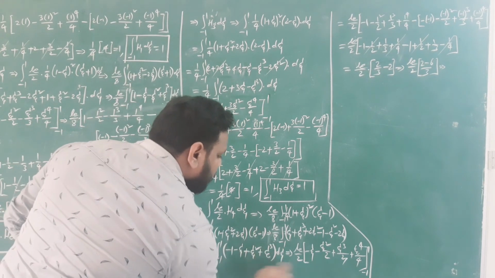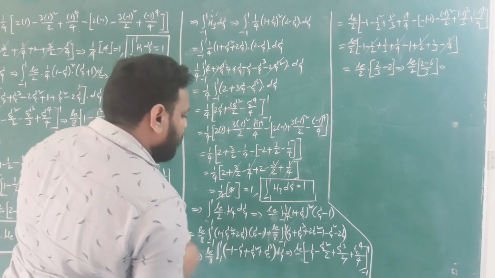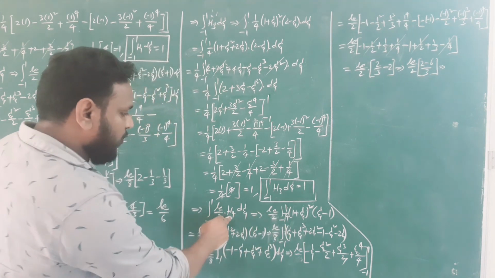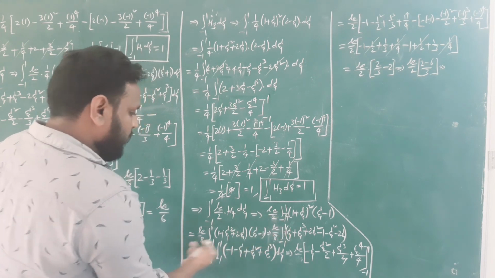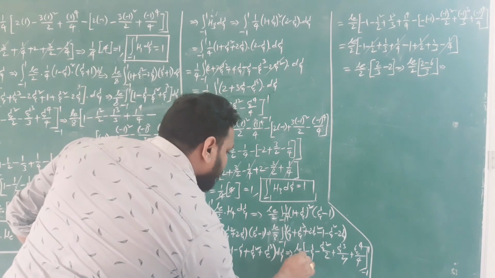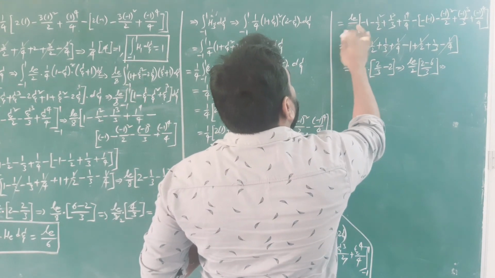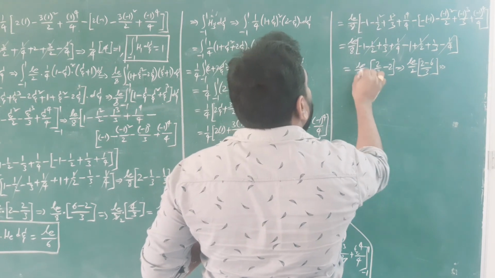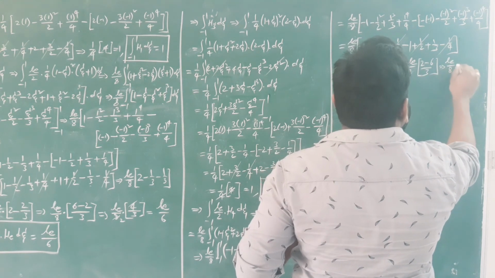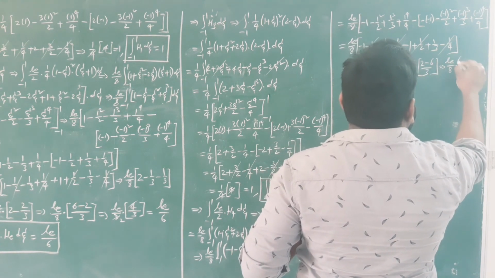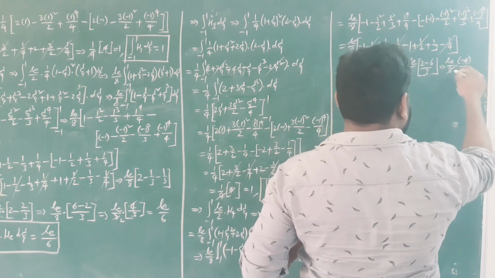Okay, 1 by 8. That is 1 by, here it is 2 only. LE by 2 into the H4 value is 1 by 4 into 1 plus J whole square plus 1 minus J. So 2 into 4 is 8, so that's why I write 8 by 8. So here also 8, here also 8. So we got LE by 8 into minus 4 by 3, 2 times.